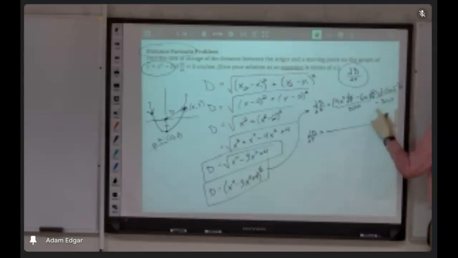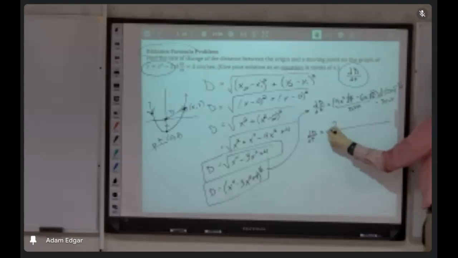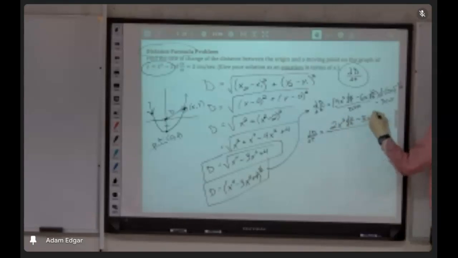What do we get for the derivative of the inside then? (2x cubed dx/dt minus 3x dx/dt). So that takes care of the 1/2 going through there. We can throw the inside down the stairs and make the exponent positive. And what is the inside really?